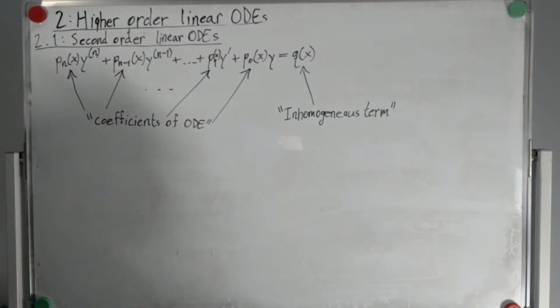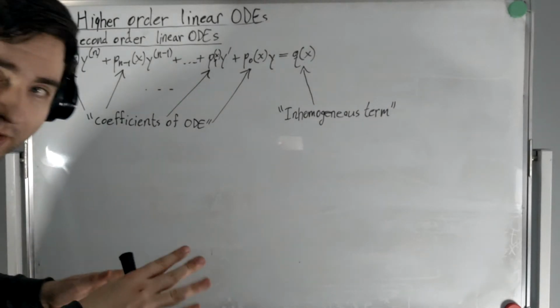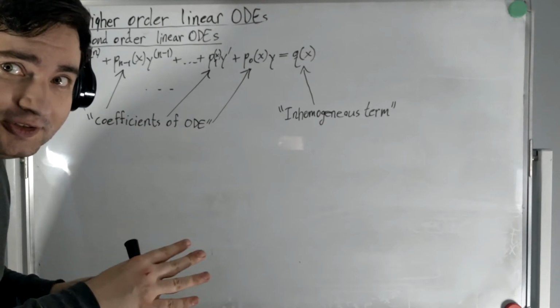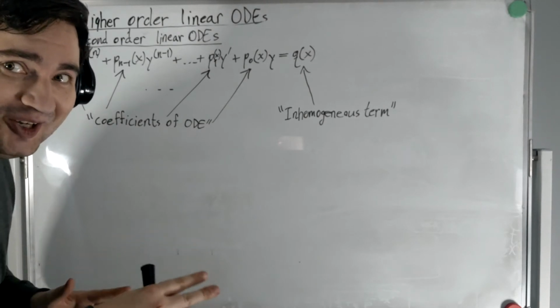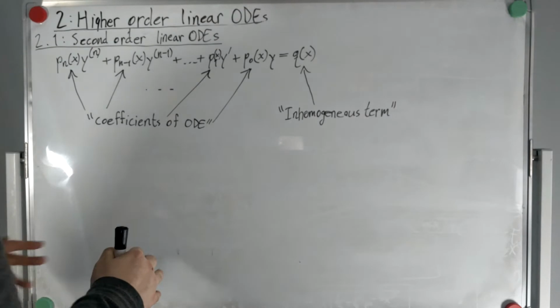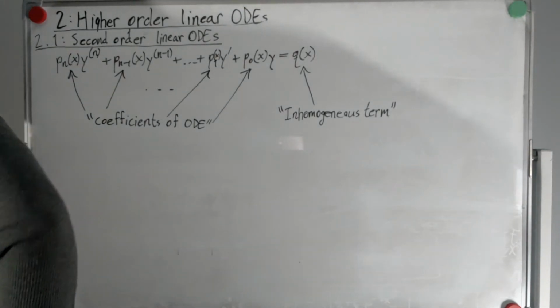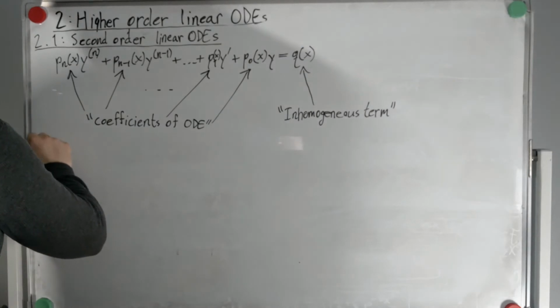Now, as I mentioned before, this term has nothing to do with the homogeneous substitution. It's very unfortunate, but I can't change the terminology. So yes, this is what a linear homogeneous ODE is. So, definition.